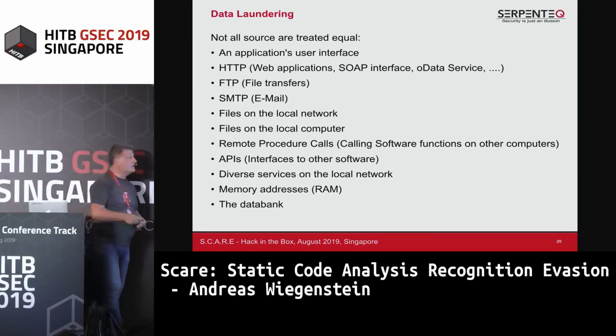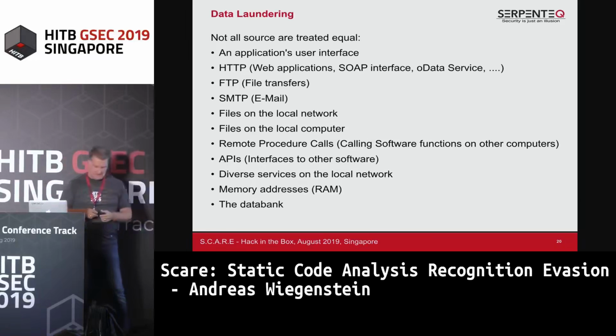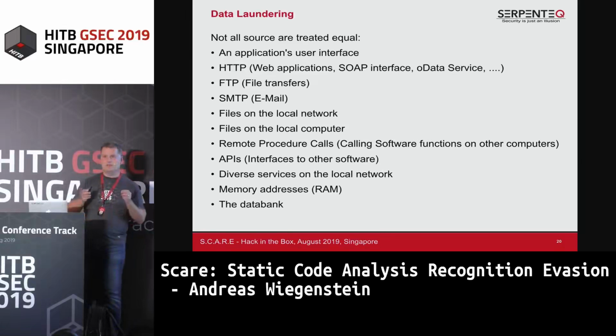So in order to do that, the thinking is, does the static code analysis tool actually treat all the sources the same? Obviously, there's a lot of different sources a program can have.